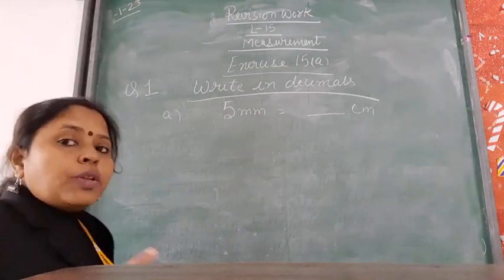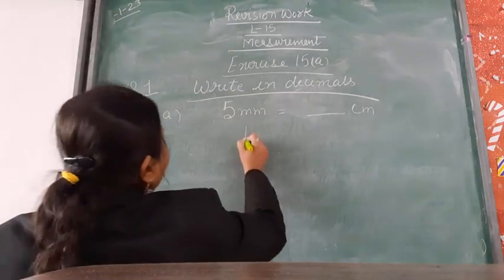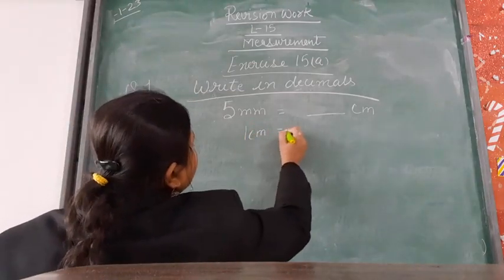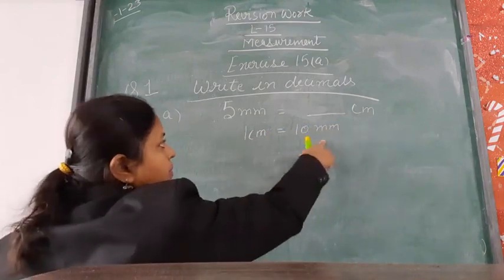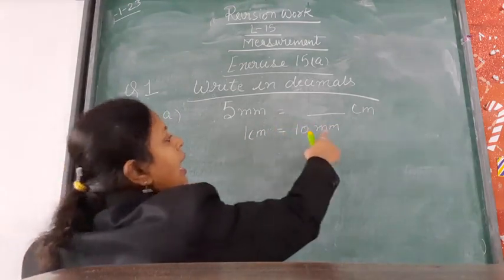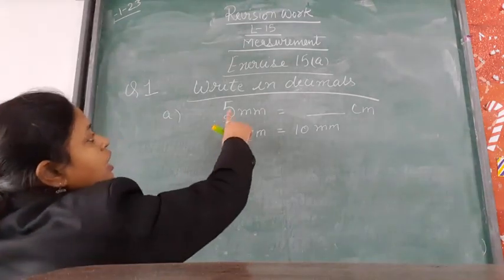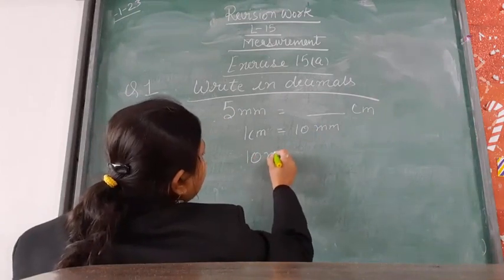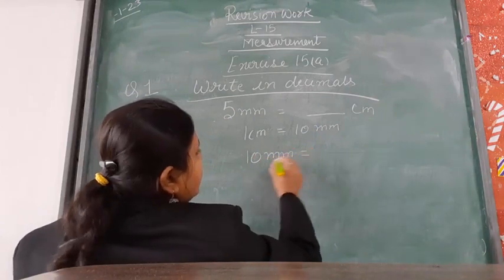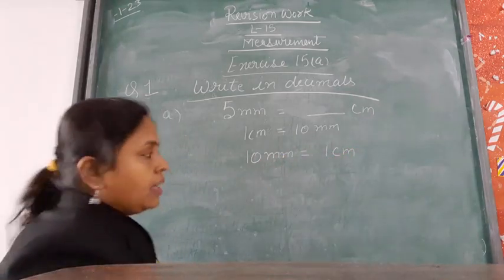Now children, we know the relationship between centimeter and millimeter. We know that 1 centimeter is equal to 10 millimeter. It is clear from this relationship that centimeter is a bigger unit and millimeter is a smaller unit, right? But here we have to change millimeter to centimeter. So we will write the same step like this: 10 millimeter makes one big centimeter, right?